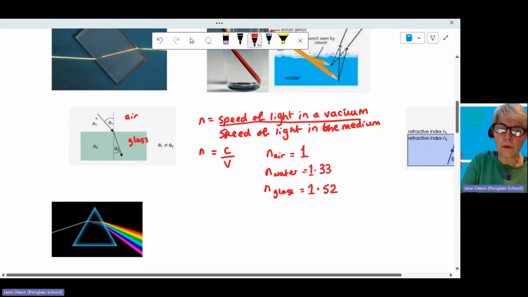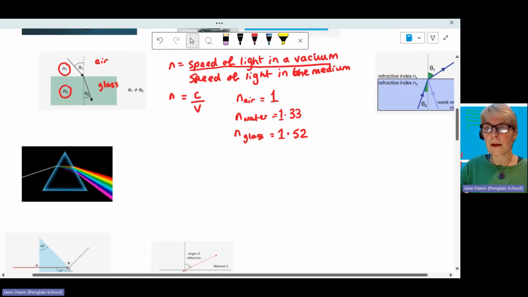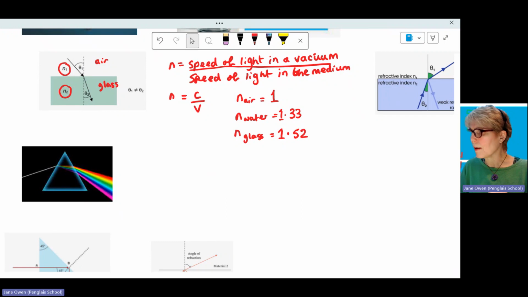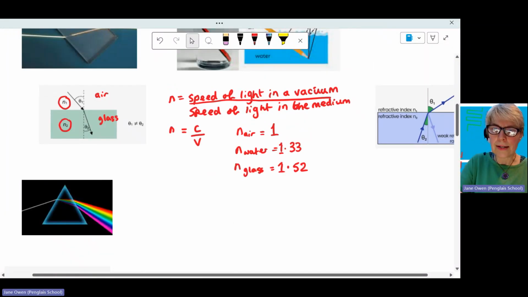So we quote a refractive index for air and we quote a refractive index for glass. So it's the ratio of the speed of light in a vacuum to the speed of light in the medium. And the speed of light in a vacuum is 3 times 10 to the 8 meters per second. Okay, so we can rearrange that. So that's part A.